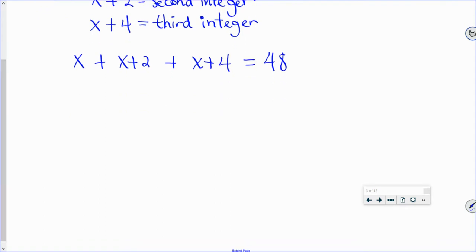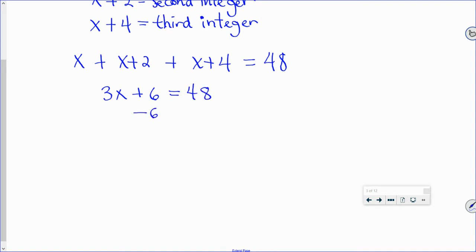So that problem doesn't look much different than when it was just consecutive integers, with the exception of, as I wrote each one of those down, now it's x, not plus 1, but x plus 2, and then x plus 4, and I'll find those numbers. So combining like terms, 3x plus 6 equals 48.